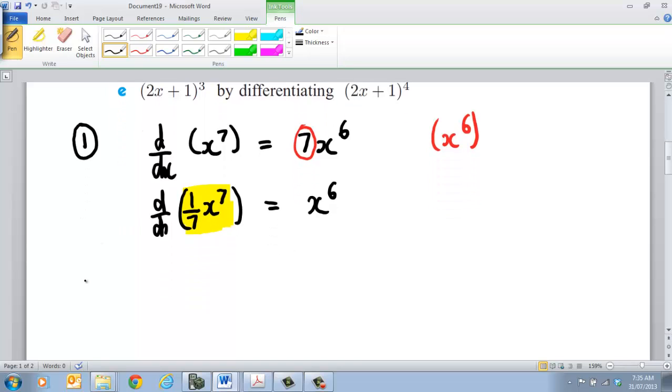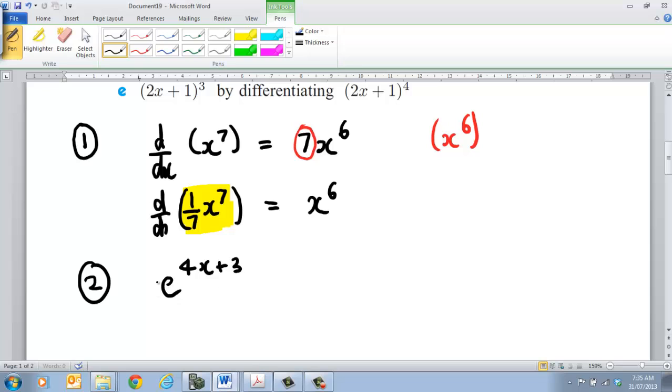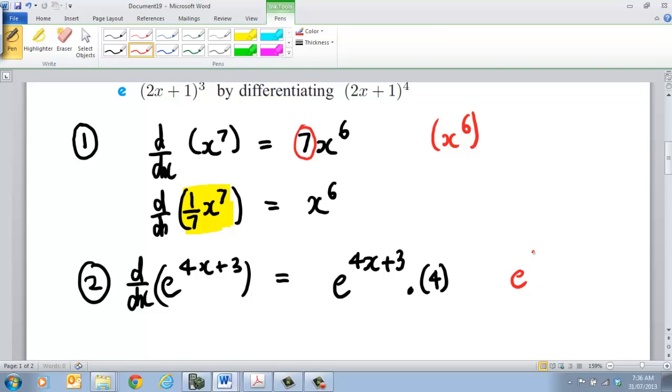Alright, so another example, if we use, say, something like e to the 4x plus 3, if I do the derivative of something like that, well, it's easy to do the derivative of an exponential. It's simply the exponential times the derivative of the power, which is going to be 4. So if I want to find the antiderivative of e to the 4x plus 3, I need to get rid of this 4.